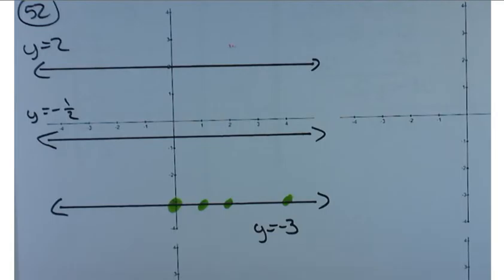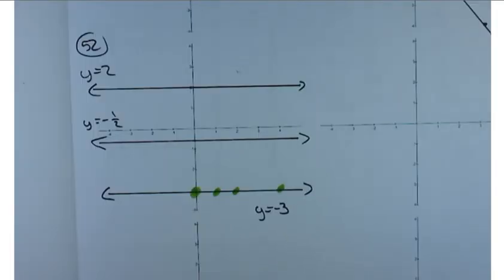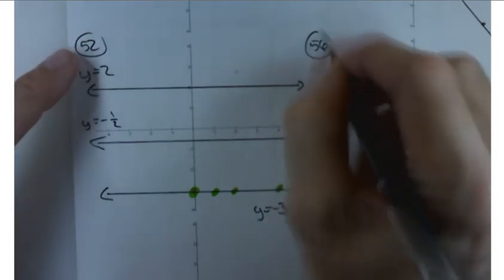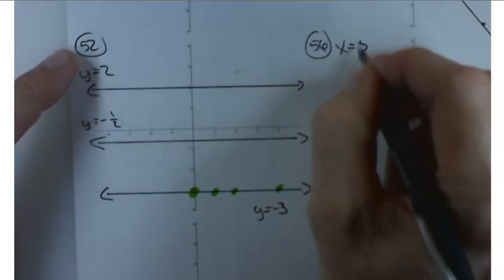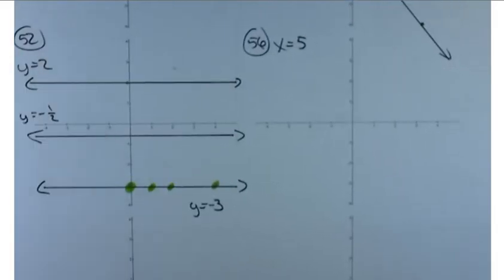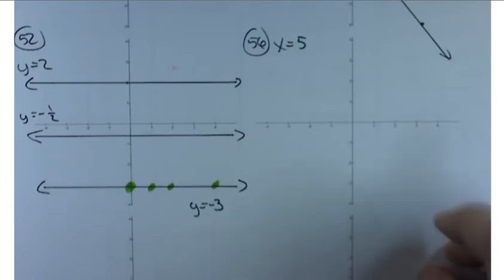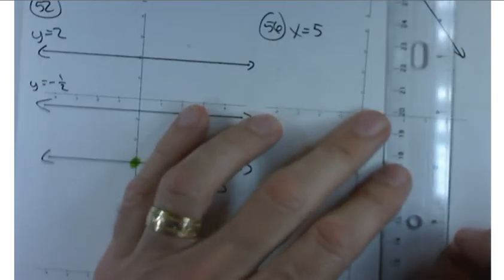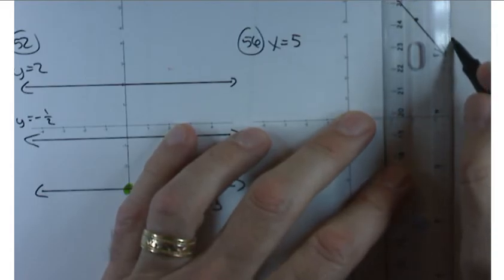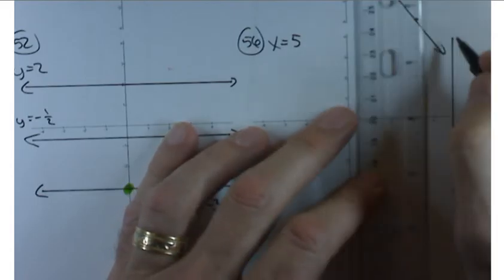What would happen if I gave you a different problem like number 56 of x equal 5? Yeah, this time it's going to be a vertical line. So the graph here, barely enough room for it on our handout, but we do have enough room. It's going to be a vertical line. And there's x equal 5.